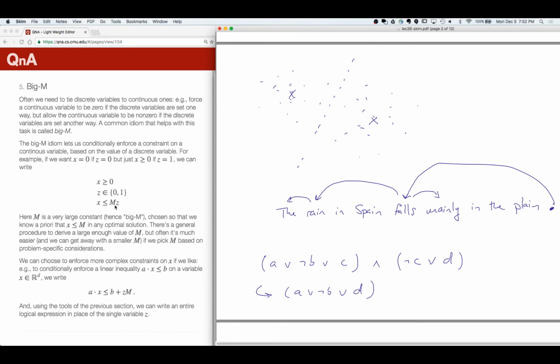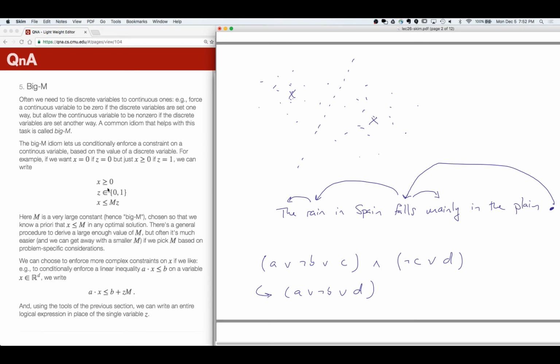So if z is 0, then mz is 0, and x is fixed at 0. If z is 1, then mz is some huge number, because we chose a really big number m. And so x is essentially unconstrained. And so what we've done is we've conditionally set a continuous variable x to 0 based on the value of a discrete one.